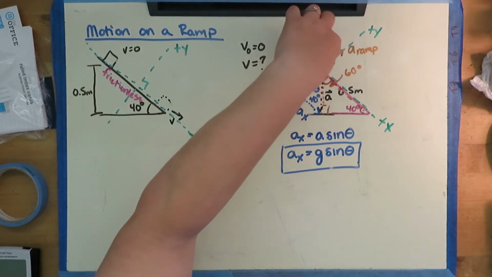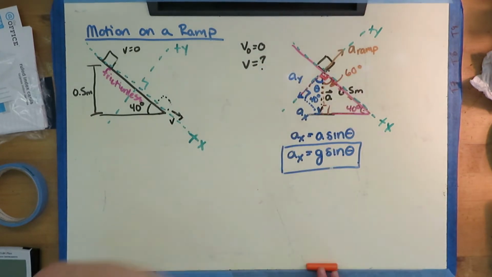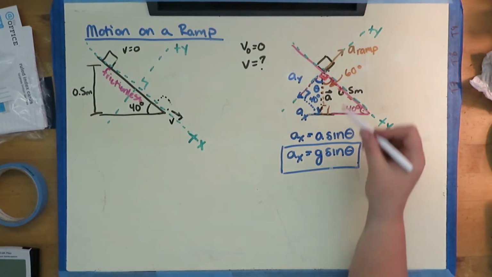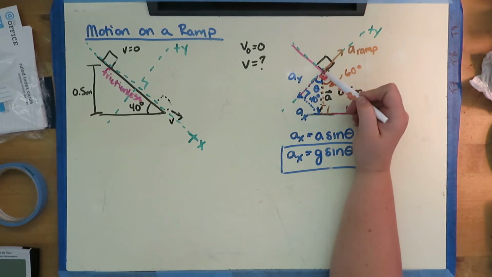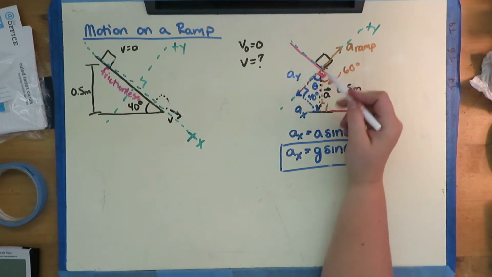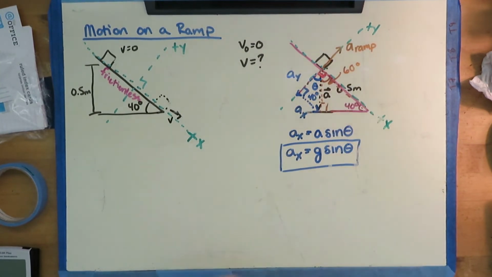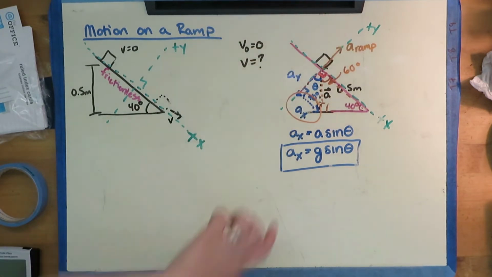This is the y component of the acceleration due to the ramp, due to the fact that the ramp is pushing up. What we'll learn is that what the ramp is trying to do to the box is equal and opposite to this y component of the gravity. So therefore they cancel out. So the only acceleration we end up having is this x component. But really, in order to understand this, you have to understand forces.